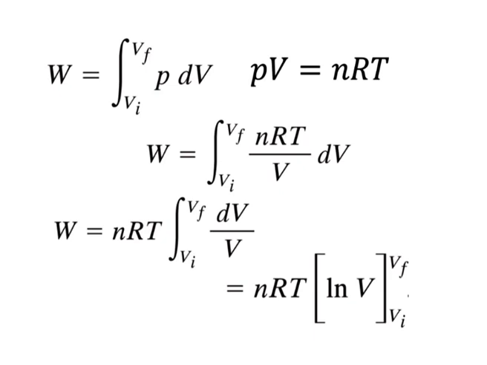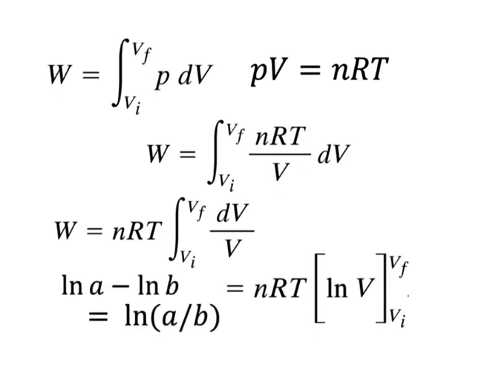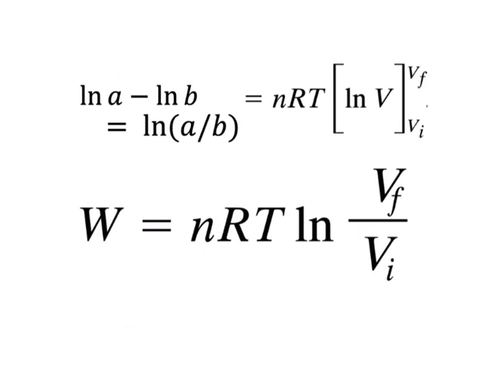By evaluating the expression in brackets at the limits and then using the relationship ln A minus ln B = ln(A/B), we find that W = nRT ln(Vf/Vi).